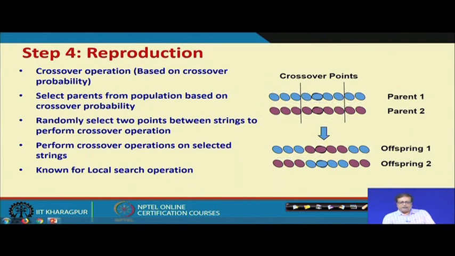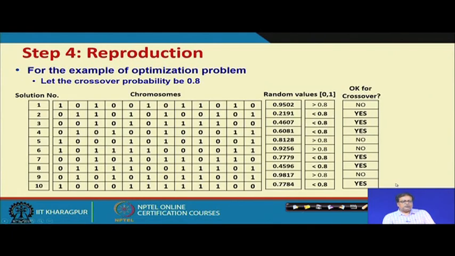Now, apart from that we can also have mutation, but before that let us look at this example. You see I had those 10 strings. For those 10 strings, the first chromosome's random value is 0.9502, then 0.2191. What are these?